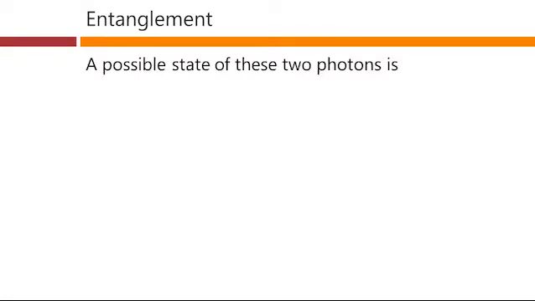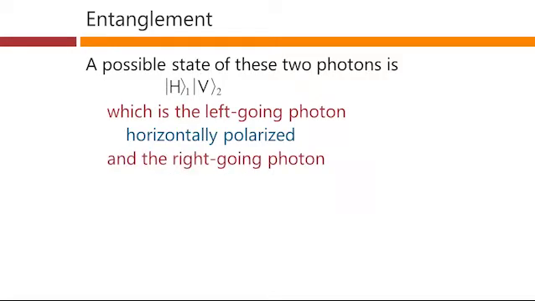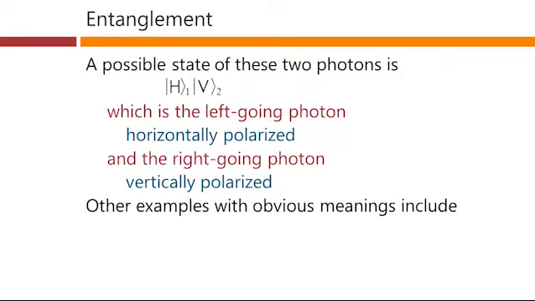Now, a possible state of these two photons is this one here, which corresponds to the left-going photon, that was number 1, being horizontally polarized, that's the H, and the right-going photon, that was number 2, being vertically polarized. Other examples with obvious meanings include states like the following: both photons horizontally polarized, both vertically polarized, and photon 1 being vertical and photon 2 being horizontal, the opposite way around from the state we talked about up there.